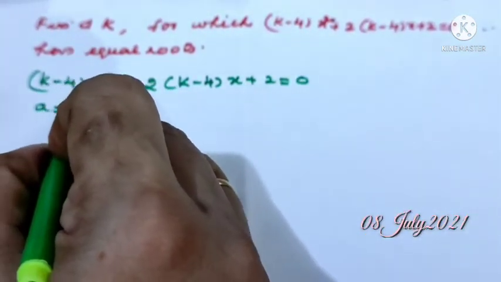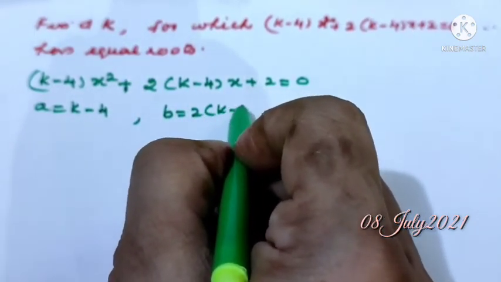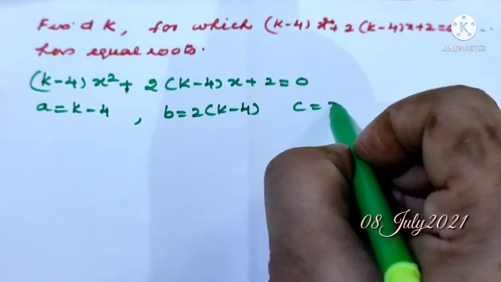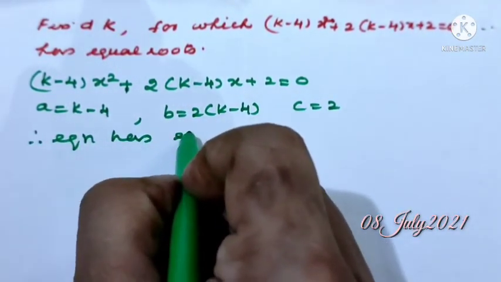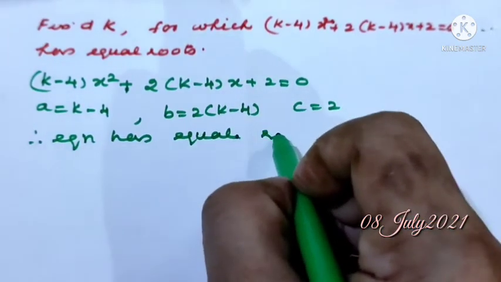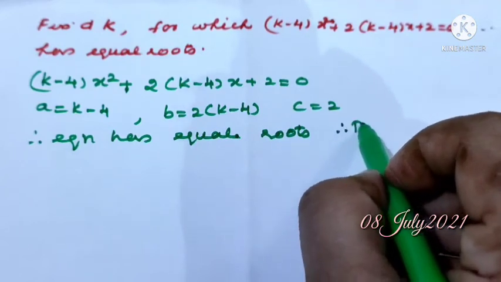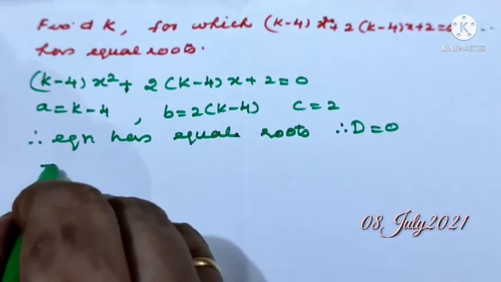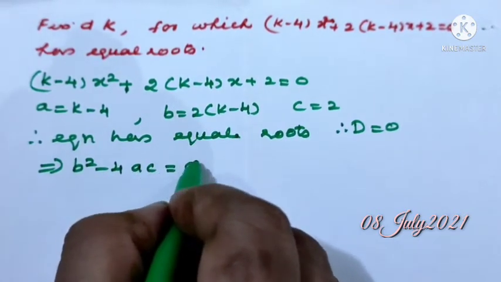So a equal to k minus 4, b equal to 2 into (k minus 4) and c equal to 2. Equation has equal roots, therefore d equal to 0. What is d? b square minus 4ac equal to 0.